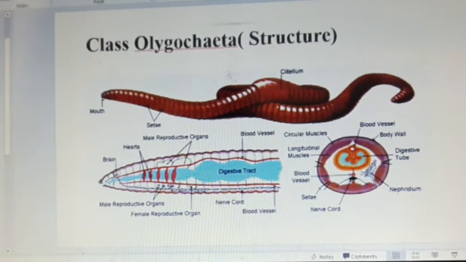A series of segments in the anterior half of an oligochaete is usually swollen into a girdle-like structure called the clitellum. The clitellum secretes mucus during copulation and forms a cocoon. A non-living secreted cuticle covers the whole body.